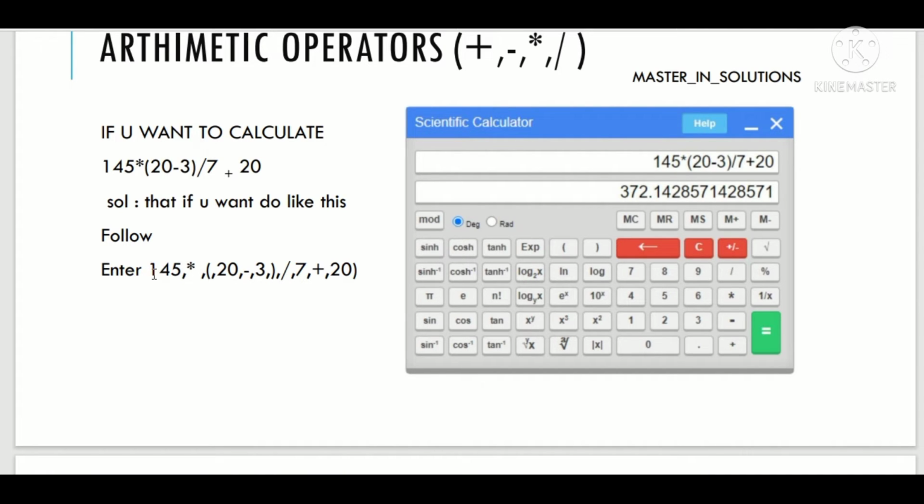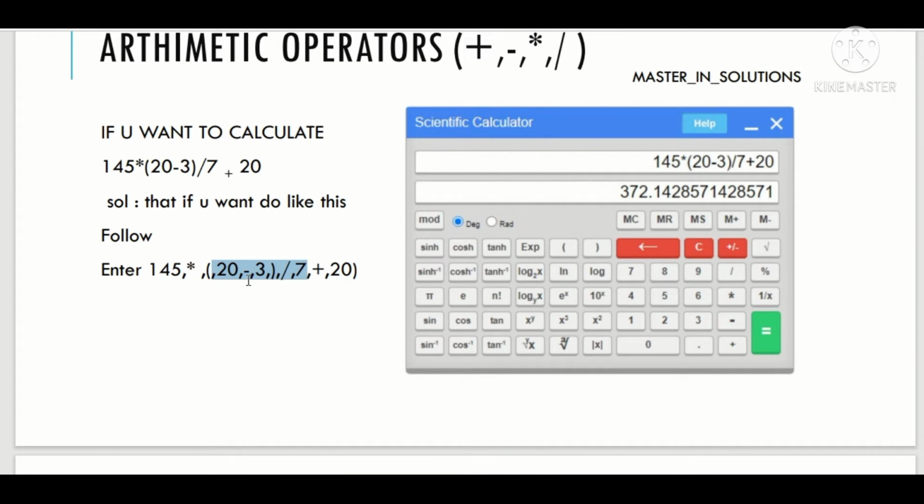And we have entered in sequence: first we entered 145, then the multiplication symbol, and then the bracket, which is going to be calculated only for the division by 7, that is 20 minus 3.